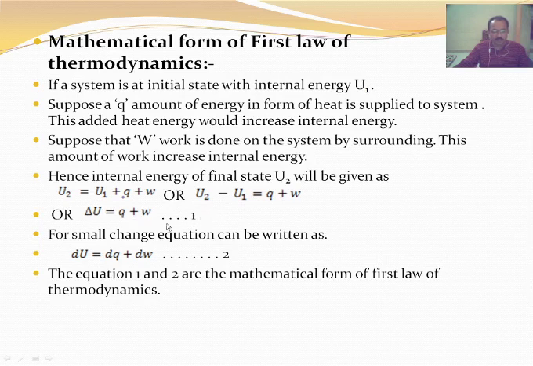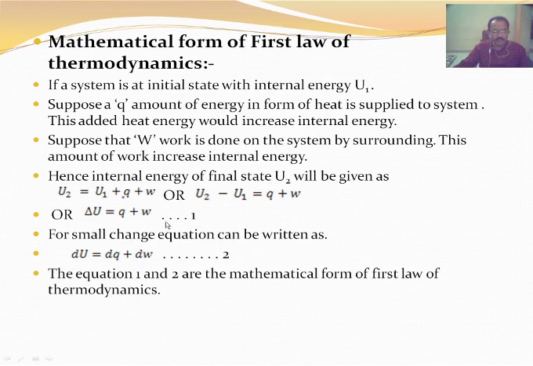Now, equation 1 can also be written in terms of a small change. The equation can be written as dU, instead of delta U. Small change in Q is dQ. Small change in work done is dW. The equation becomes dU is equal to dQ plus dW. This is equation number 2.